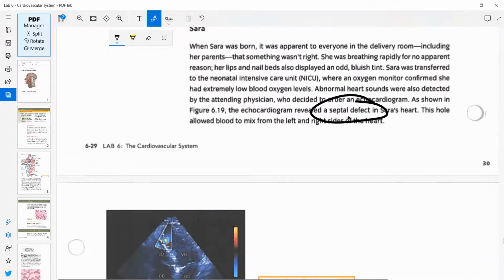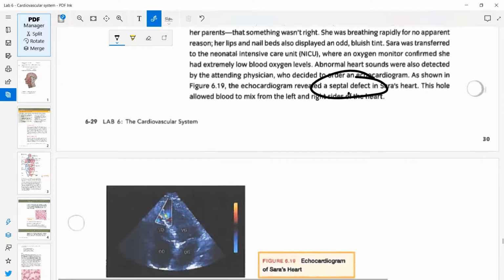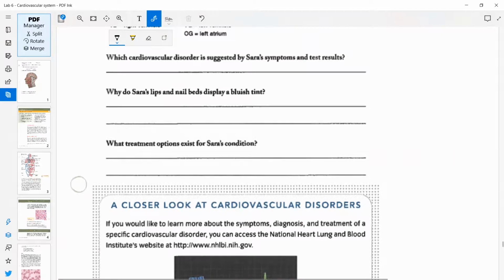So this poor girl was losing some oxygenated blood from her systemic circuit. This is why she was bluish. That's called cyanosis. So she has a septal defect, and the treatment for Sarah's condition is surgery.